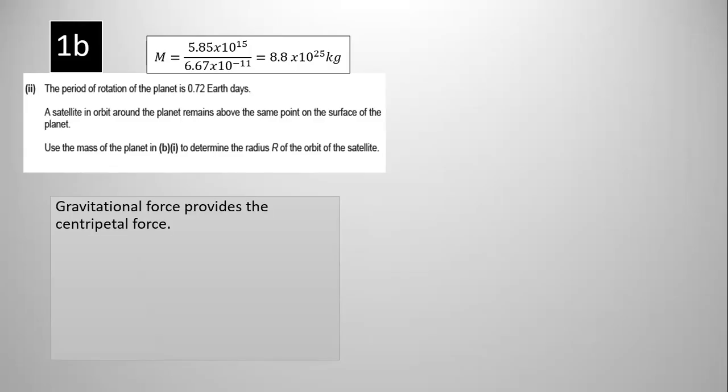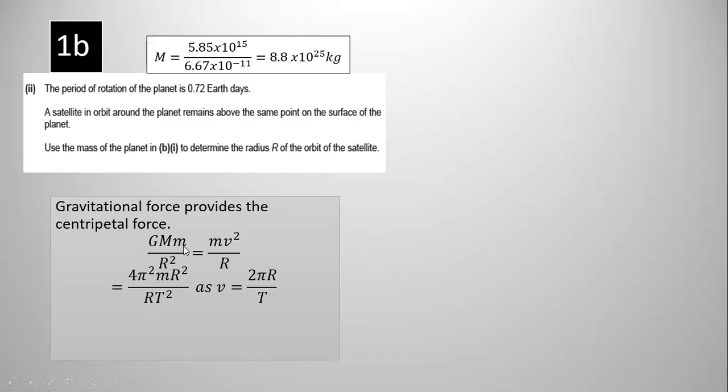So gravitational force provides centripetal force. Derive the equation. Don't try to memorize that. Too many formulas to memorize. Derive it. It doesn't take a lot of time. This is the mass of the satellite. That's the mass of the planet. R and R cancel off, there's still one R there.